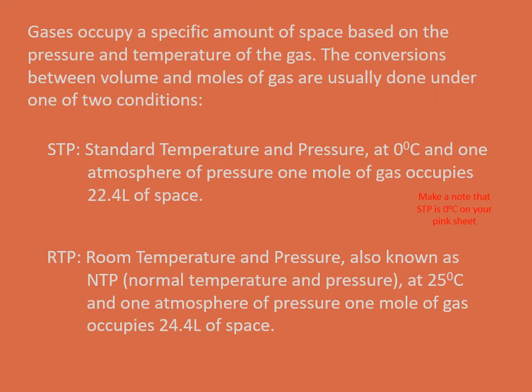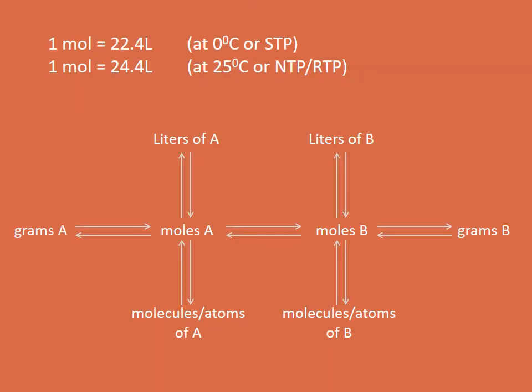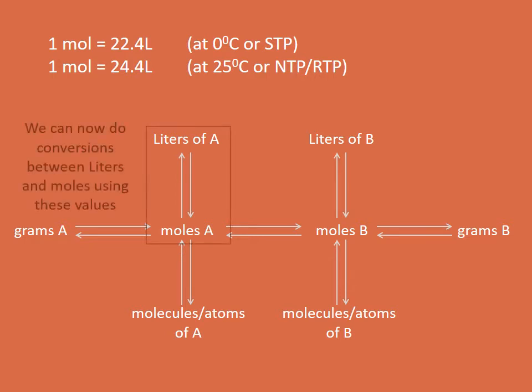If we go from 0 degrees Celsius to 25 degrees Celsius, the gas is warmed, it is expanded, it occupies more space. Make a note on your pink sheet that RTP, NTP is 25 degrees Celsius. Now, we can do conversions between liters and moles using these two values.